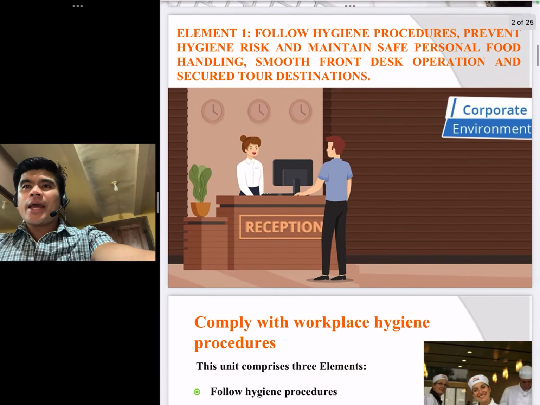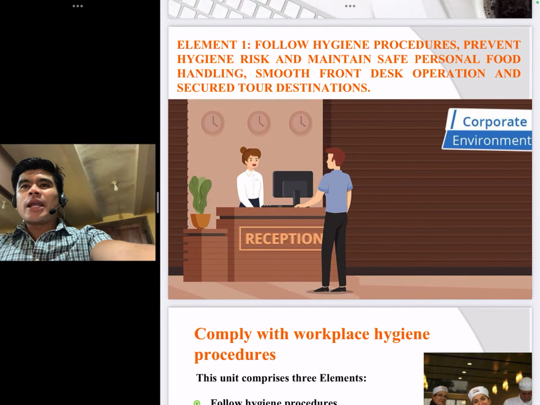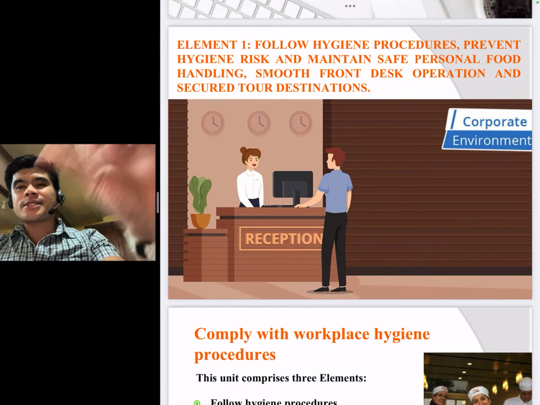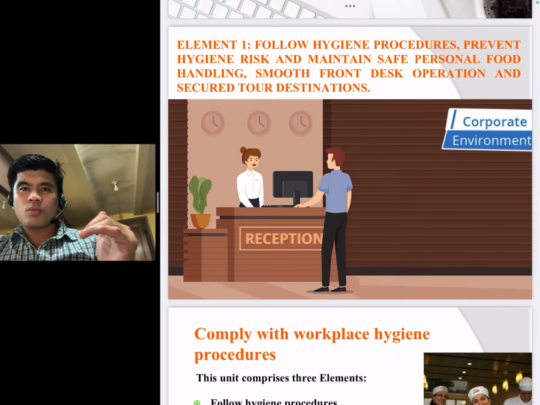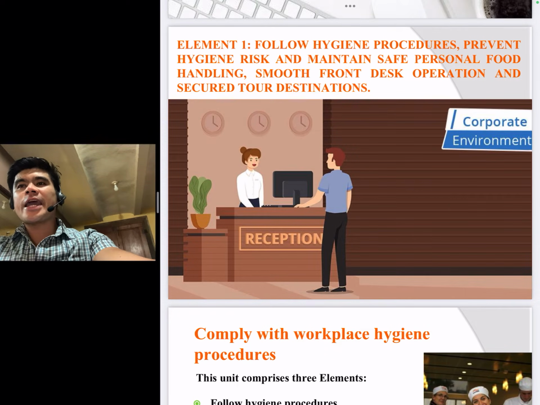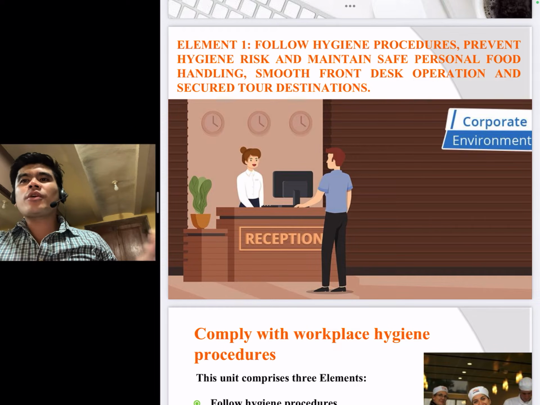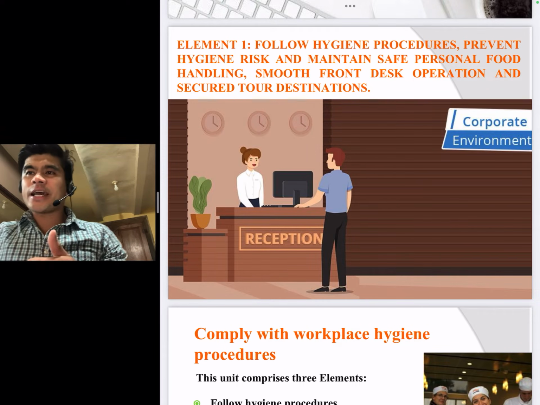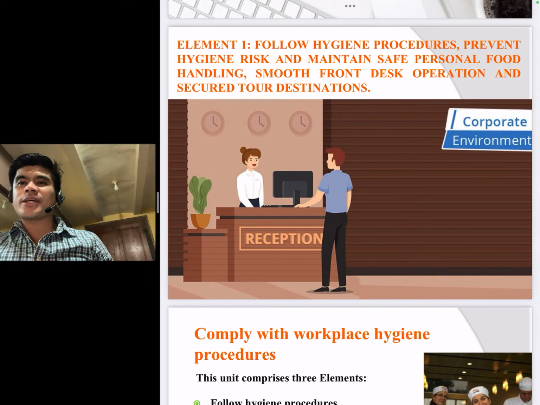First, now going to Element 1. This is a summary of what we are going to be discussing. Element 1: follow hygiene procedures, prevent hygiene risk, and maintain safe personal food handling for smooth front office desk operation and secured tour destination.